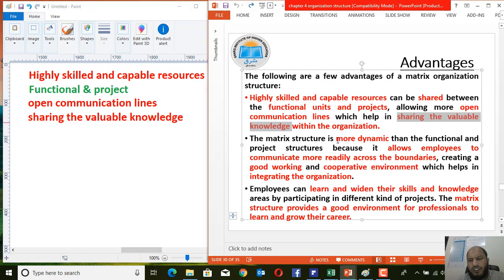It is more dynamic than the functional and project structures because this allows the employees to communicate more readily across the boundaries.